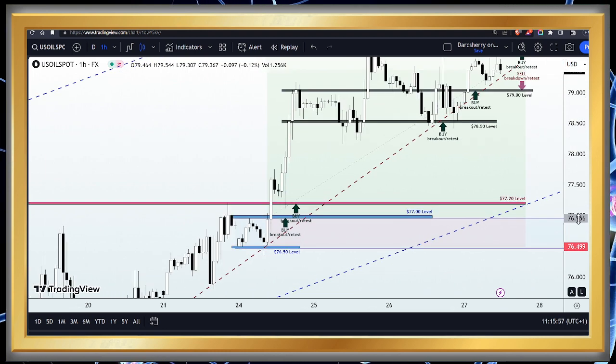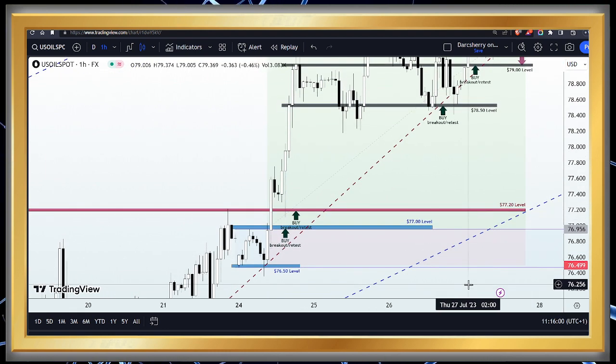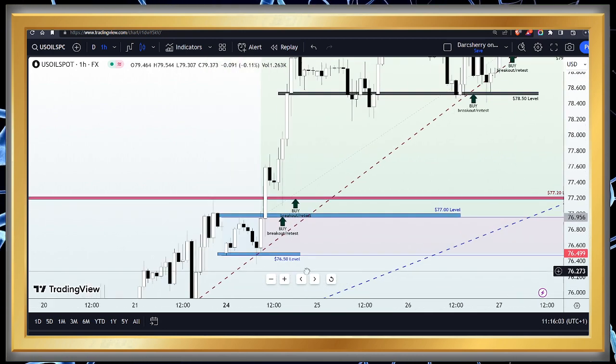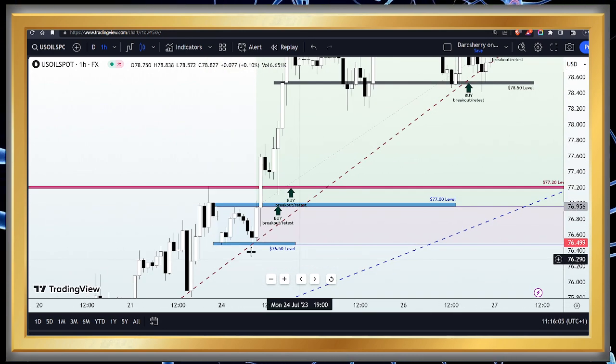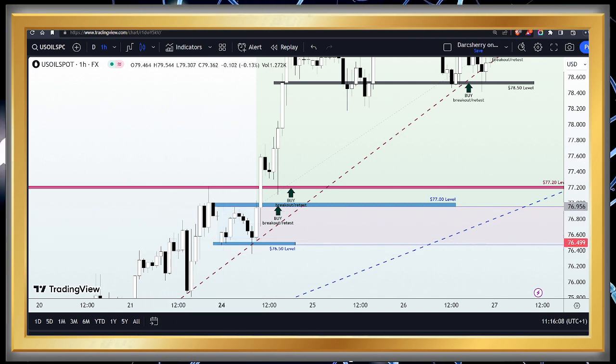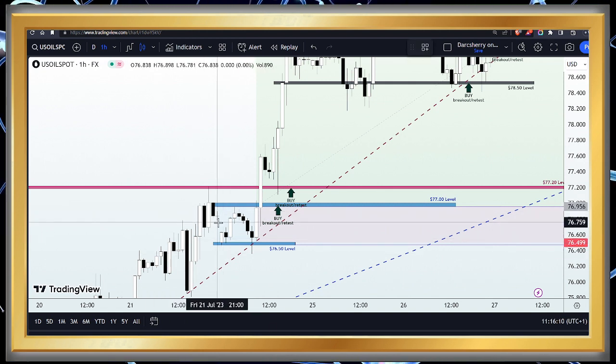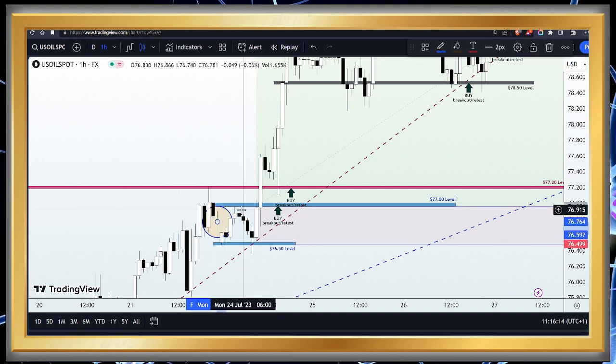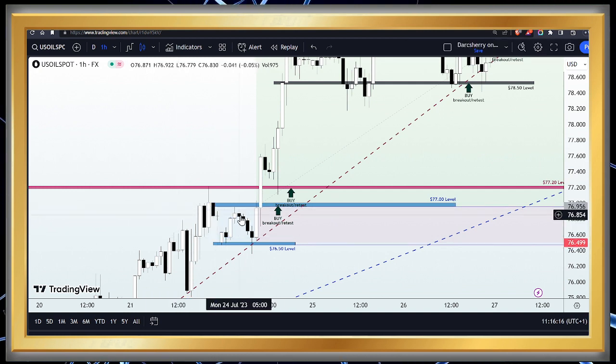Now, I want us to quickly run through how the week started for us and what led to the idea of us buying the USOILSPOT. Looking at what happened at the beginning of the week, we saw the week initially opened with a bearish gap, as you will see here, giving us an insight into the institutional sentiment in this market during the course of the weekend.